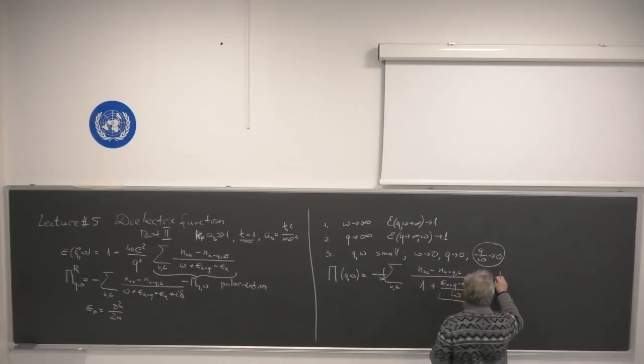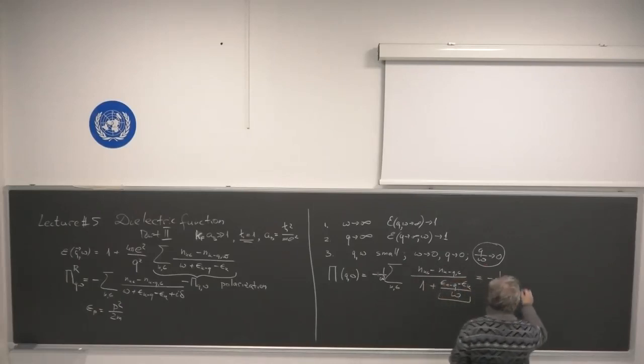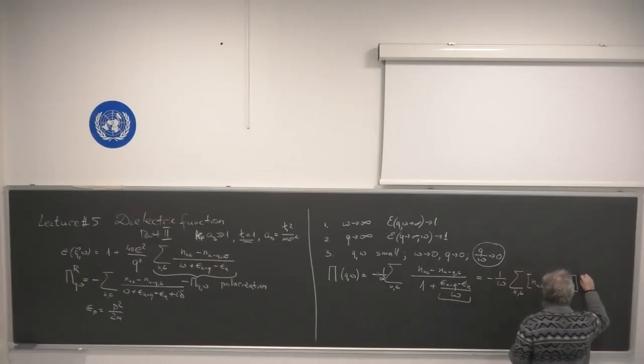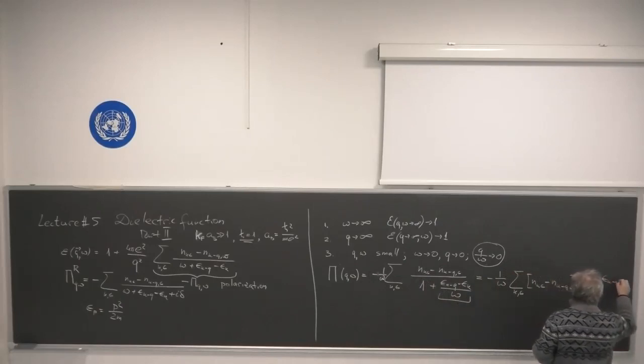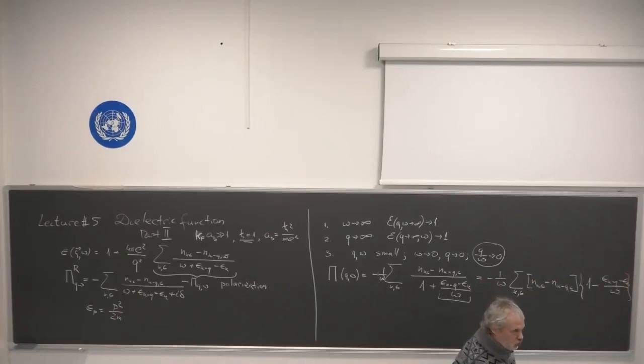So this is minus 1 over omega, sum over k sigma, n_{k sigma} minus n_{k minus q sigma}, times 1 minus (epsilon_{k minus q} minus epsilon_k) divided by omega. So I keep only the first term in the Taylor expansion of this rational function.